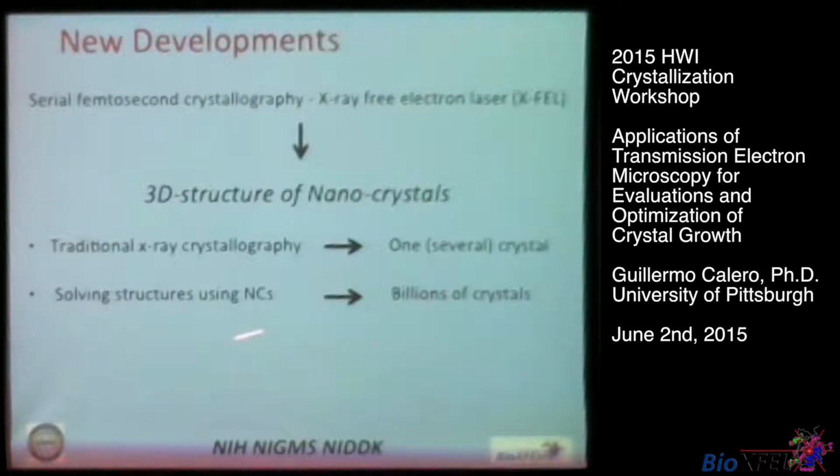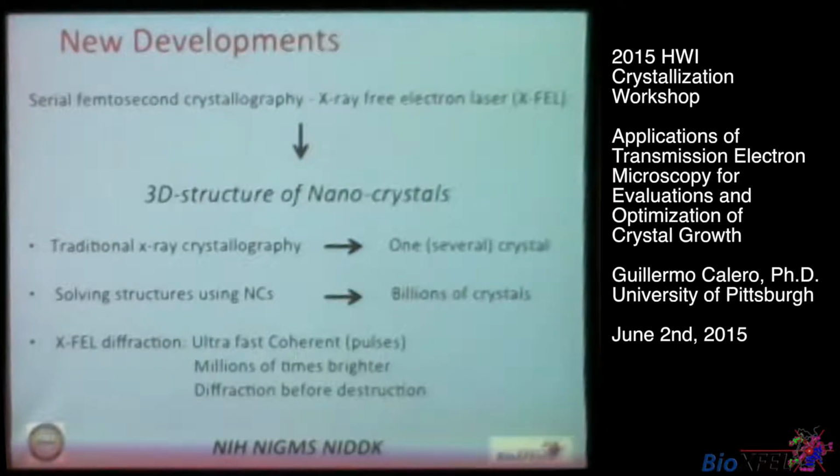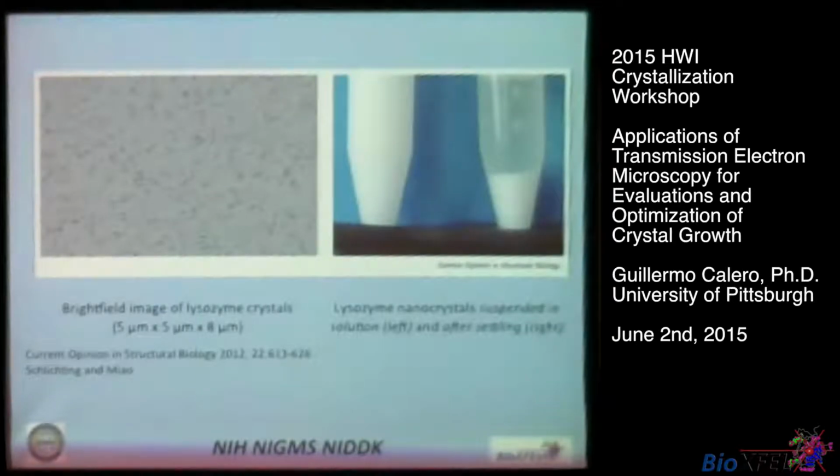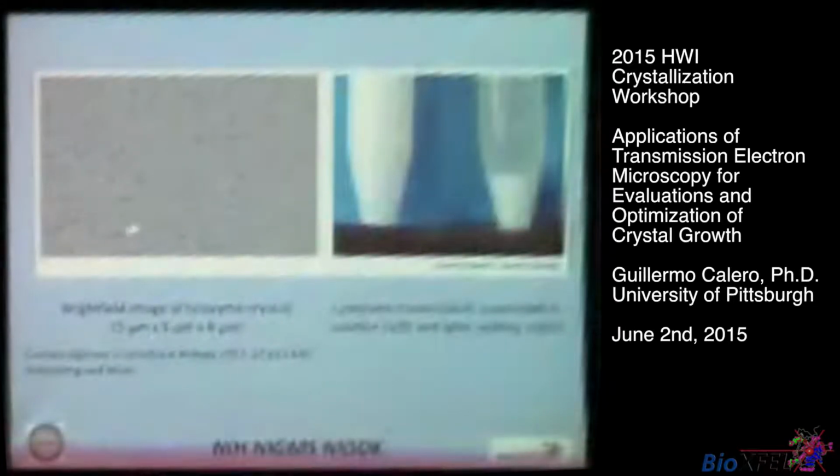This is an example of the samples that you need to use for XFEL crystallography. On this screen are lysozyme nanocrystals, which are 5 microns by 5 microns by 8 microns, and you can see the amount of material that you need to perform these experiments.